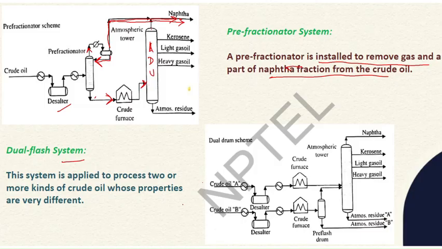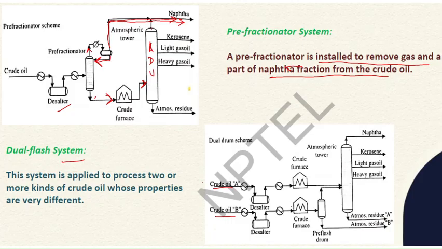Then we cannot introduce them into a single distillation column. We cannot introduce them together. So what we do is, as we can see here, suppose this is crude oil A and crude oil B. Both are passed through the desalter, and after desalting, crude oil A is directly heated and introduced into the atmospheric distillation column.